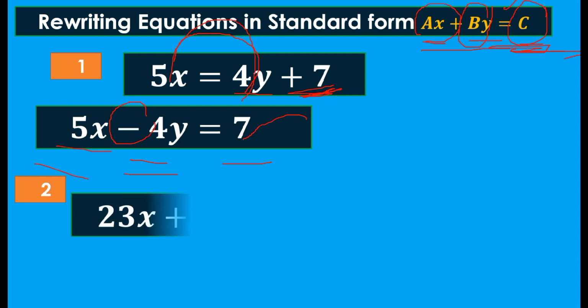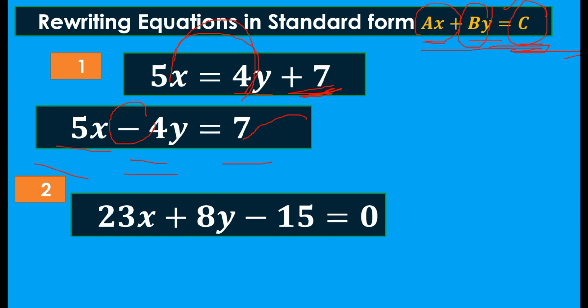Okay, let's have number 2. 23x plus 8y minus 15 equals 0. Now, what is your c? It's negative 15. So we need to transfer your negative 15 after your 0. But your 23x and your 8y, we are not going to transfer them anymore because they are found before the equal sign.